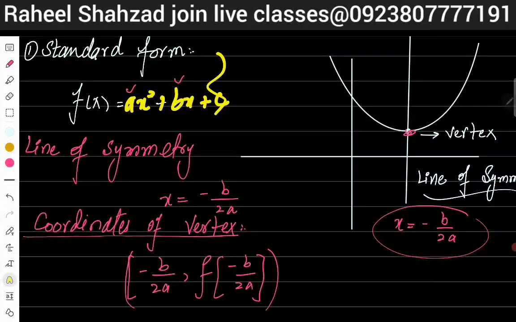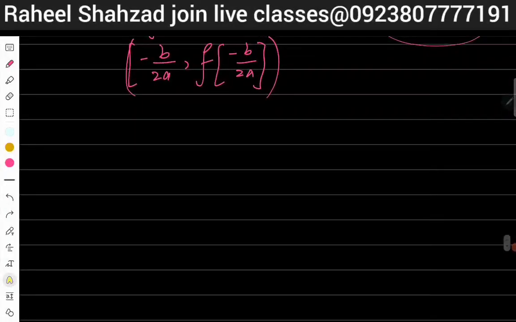Okay, so let's discuss how it works. For example, we have the equation of a quadratic curve, maybe x square minus 6x plus 8, right? So now the value of a is 1, b is minus 6, and c is 8.